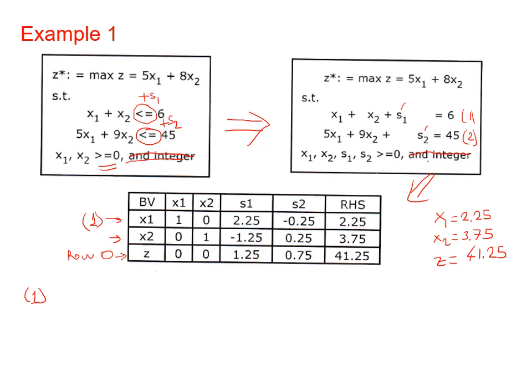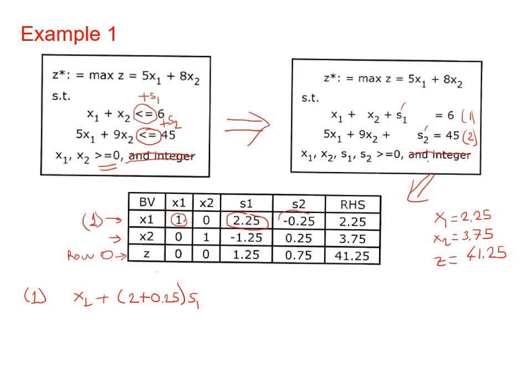So the first constraint says basically this: 1 times x1, plus 0 times x2, plus for S1 it is 2.25 coefficient, and I'm dividing it into integer plus positive fraction times S1.